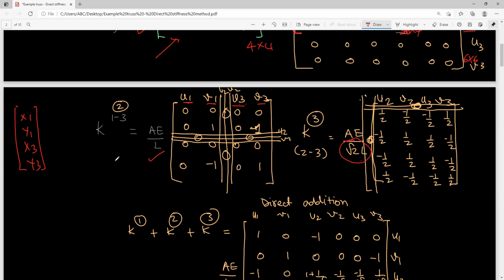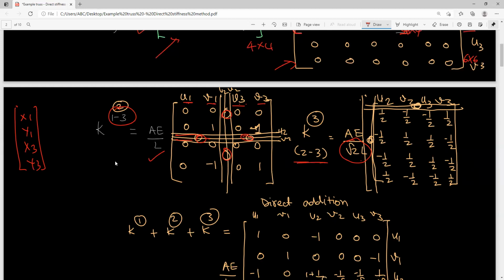Similarly, we can do the same for member 1, 3. The second node has no significant variables here, however, I may introduce U2, V2, that is the third row and third column, and the fourth row and fourth column. You may introduce these additional columns and rows and put zeros there, just like we have introduced here.